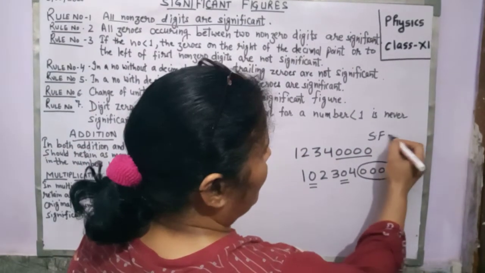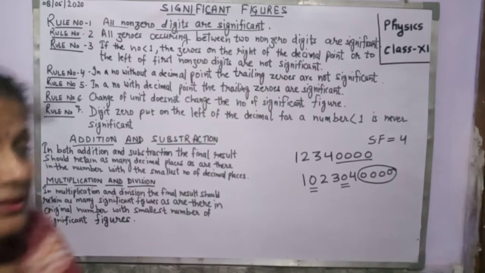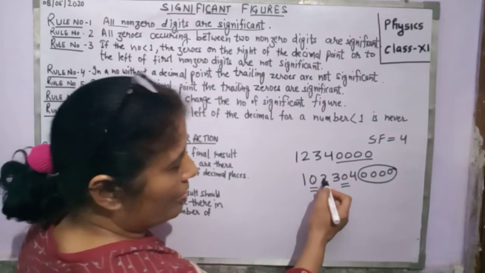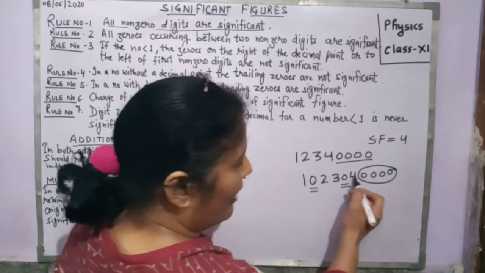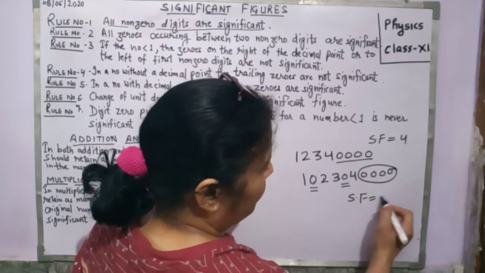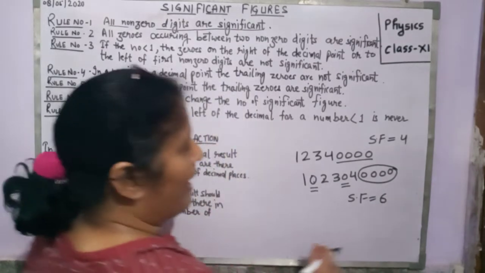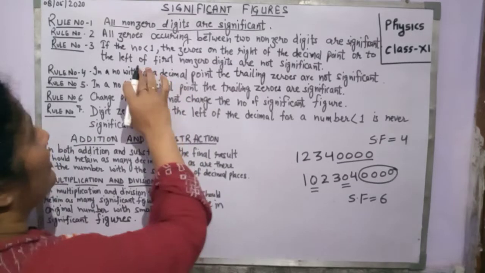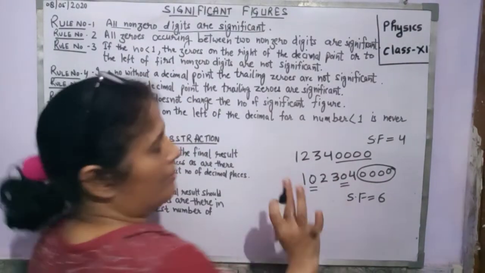Significant figures equal 4. And in this case, the significant figures are 1, 2, 3, 4, 5, 6. These zeros are insignificant. But the condition is that there should be no decimal point.